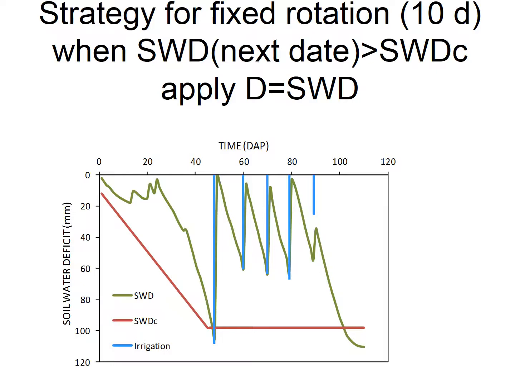Look that even if we have water every 10 days, we do not need to apply water every 10 days. See that on day 40 we would have water for irrigating, but we do not apply irrigation. Why? Because we can wait until day 50.